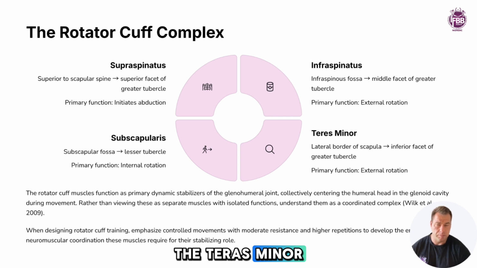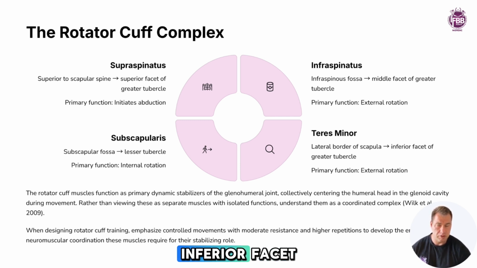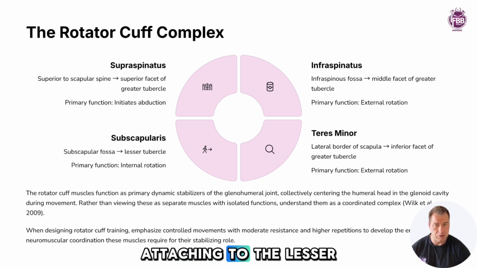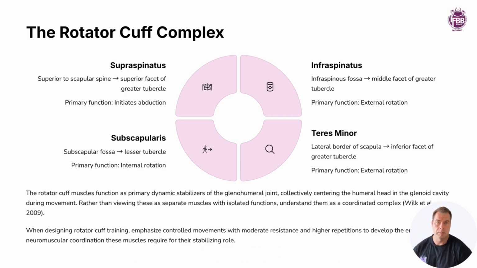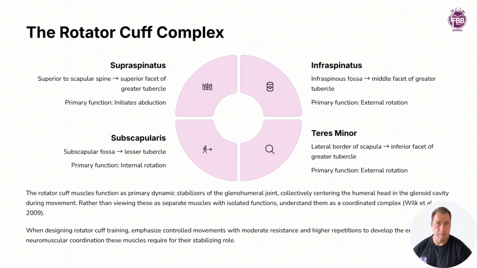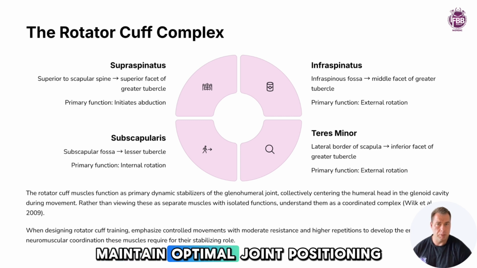The teres minor runs from the lateral scapular border to the inferior facet of the greater tubercle. The subscapularis covers the anterior scapula, attaching to the lesser tubercle. Rather than viewing these as separate muscles with isolated functions, understand them as a coordinated complex that works together to maintain optimal joint positioning.